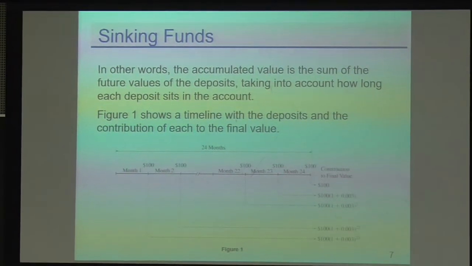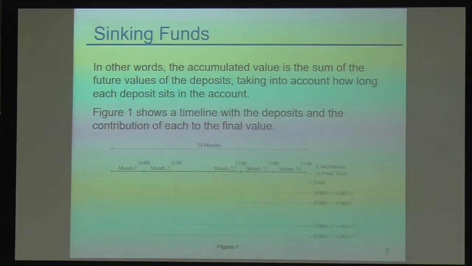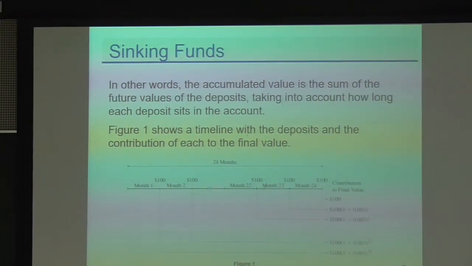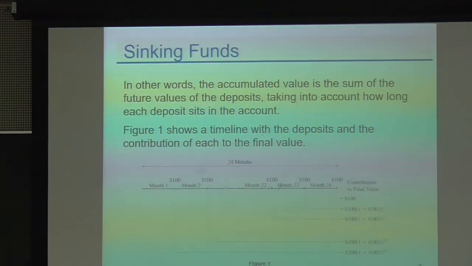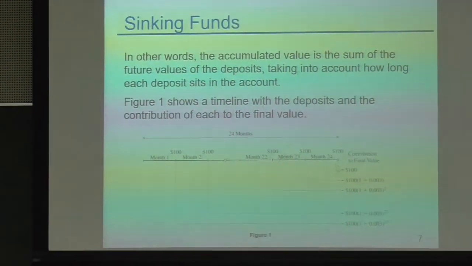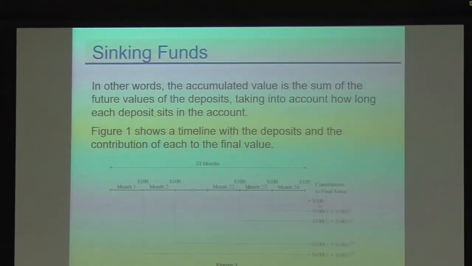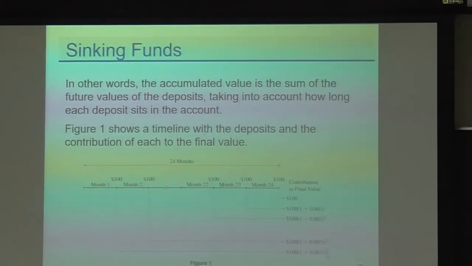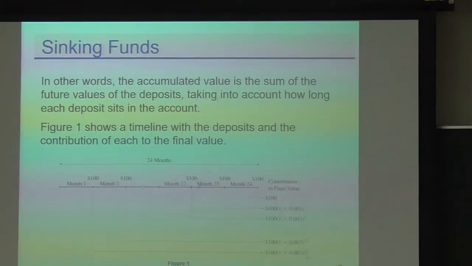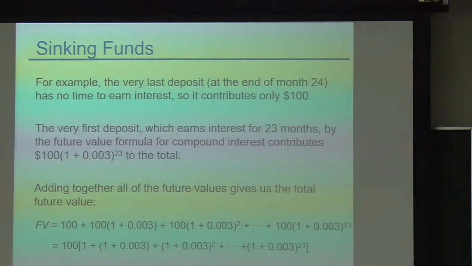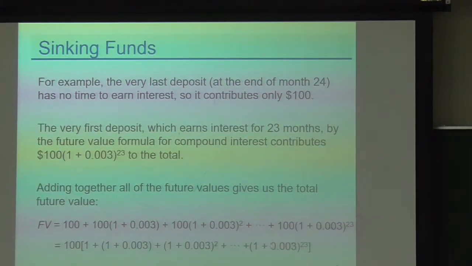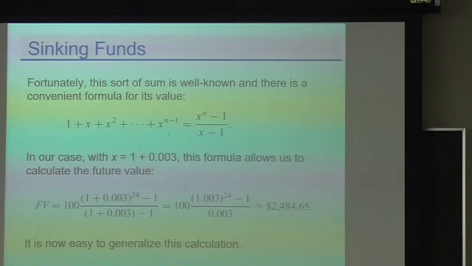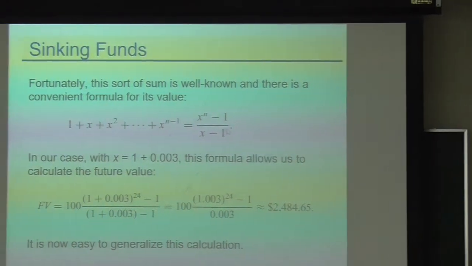Okay, here's the picture. So they did the same thing, 24 months. So the last one is $100, and the first one is this to the 23rd power. So they do this kind of thing, and they end up with this formula.